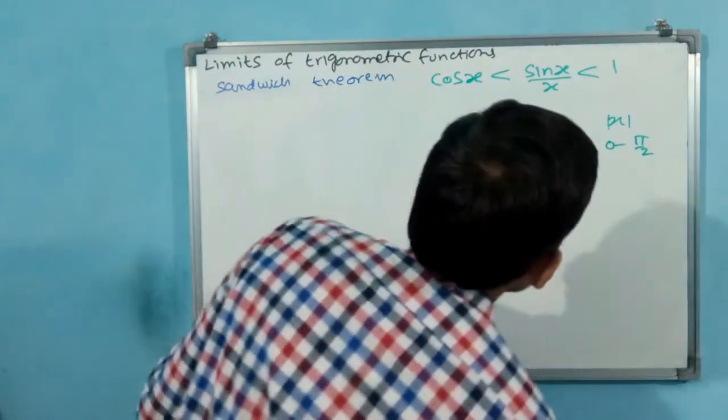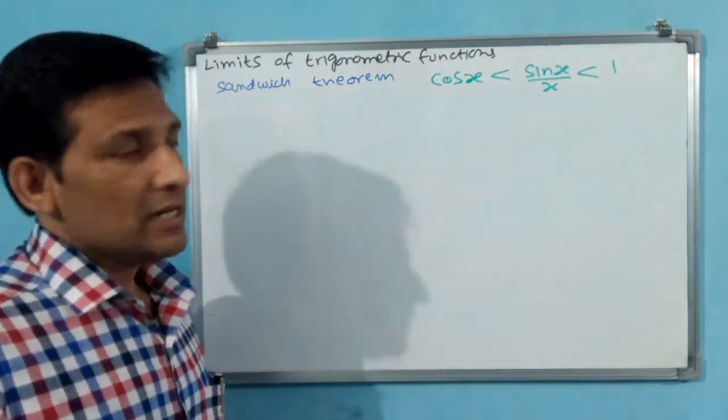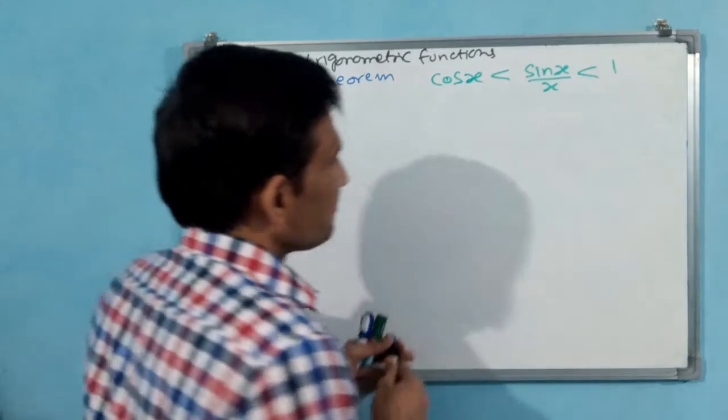Let us see. We draw one circle. Based on the circle, we are going to derive this formula.